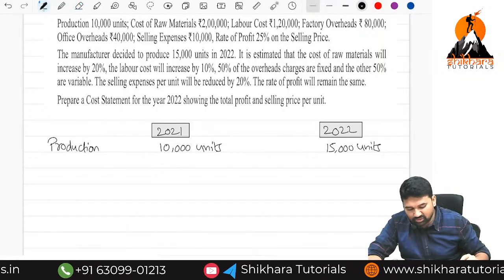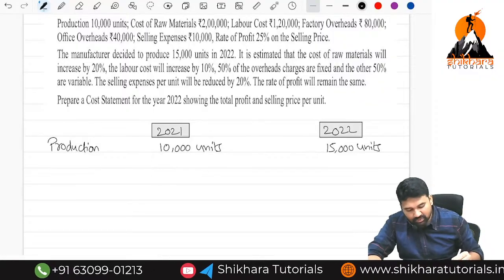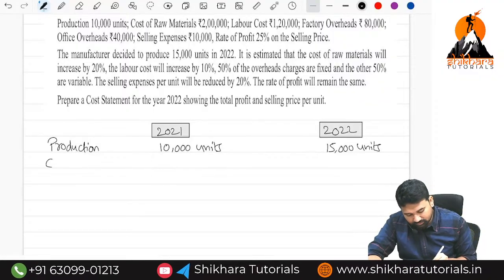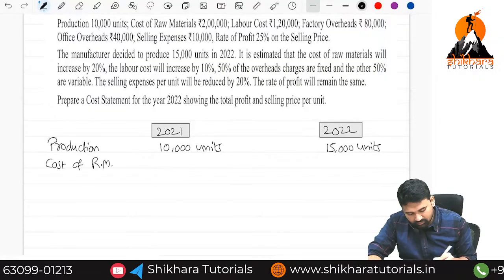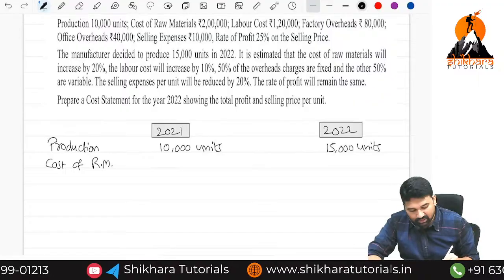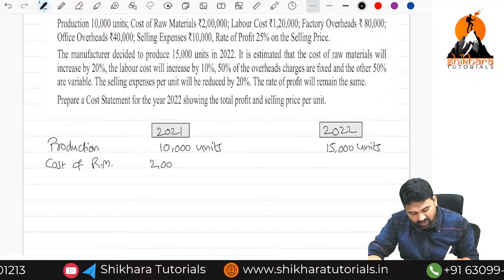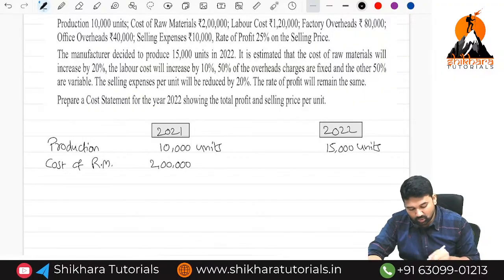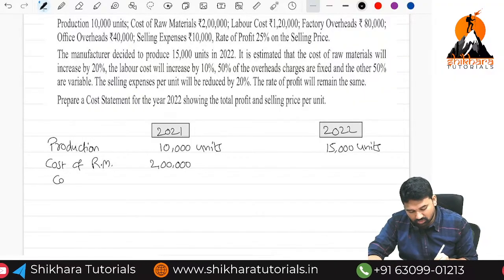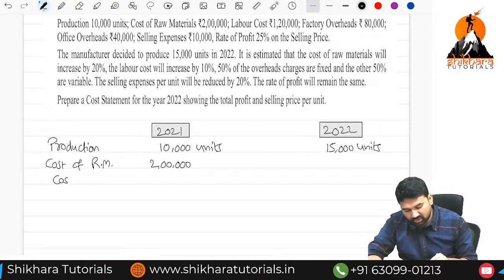So 15,000 units. Next one, cost of raw material. How much? 2 lakhs. So we'll do one thing.